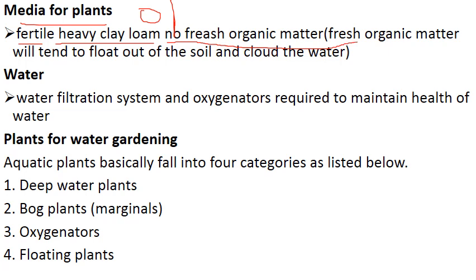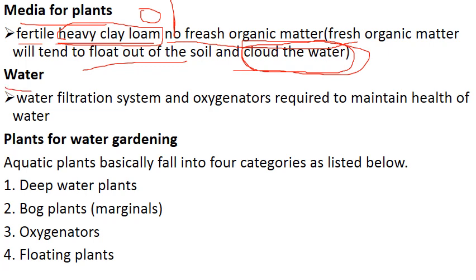Why? If there is fresh organic matter, that will float out on the pond, and what will happen? The clarity of the water will deteriorate. Finally, we should make water fresh, clean and properly oxygenated. After putting heavy clay loam soil, we should put some gravel also to maintain the water turbidity.